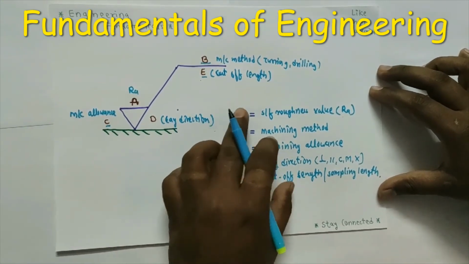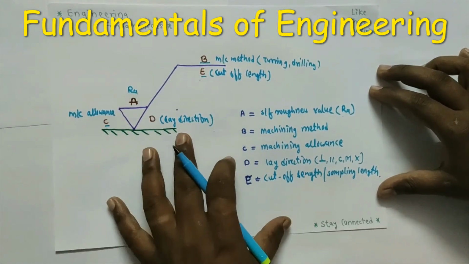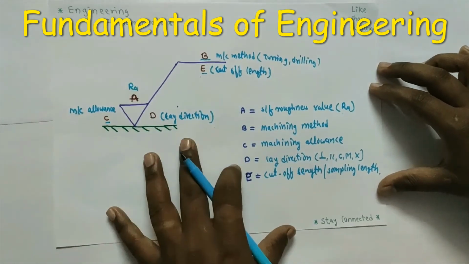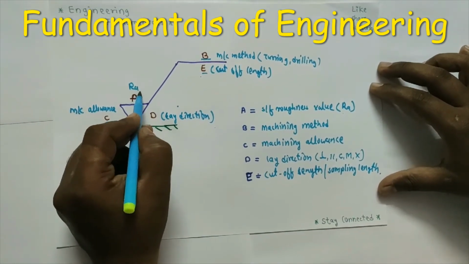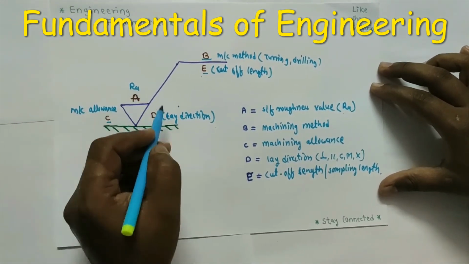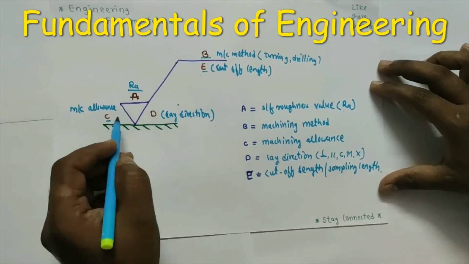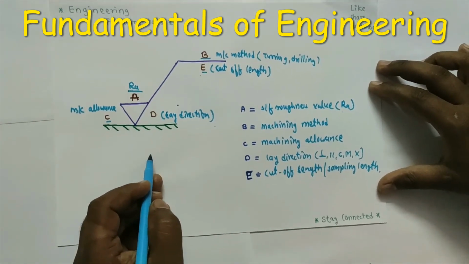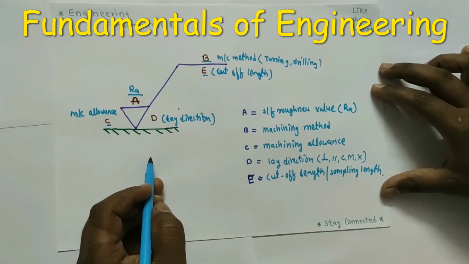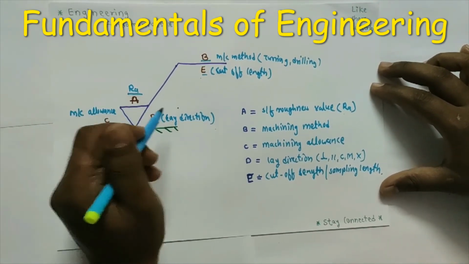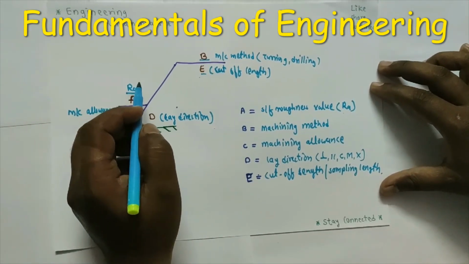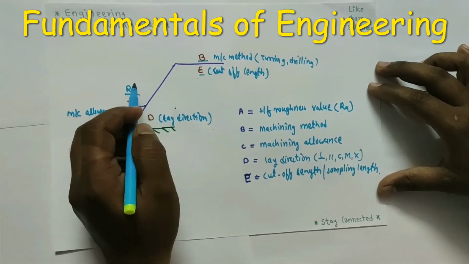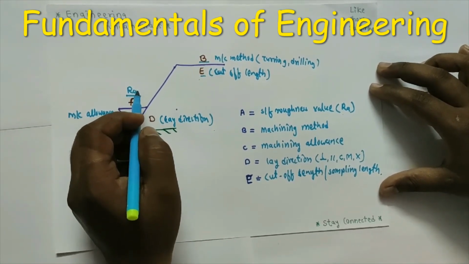In this fashion, on any engineering drawing you can see the surface you have checked, the Ra value you got, and how that Ra value was obtained. So here we have seen the symbolic representation of how surface roughness is mentioned on an engineering drawing.